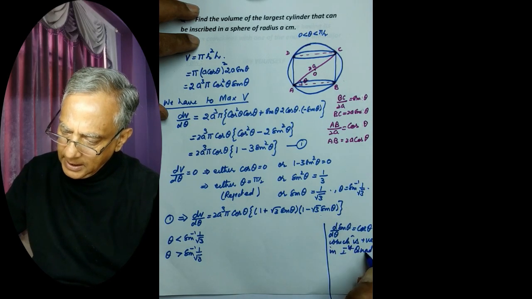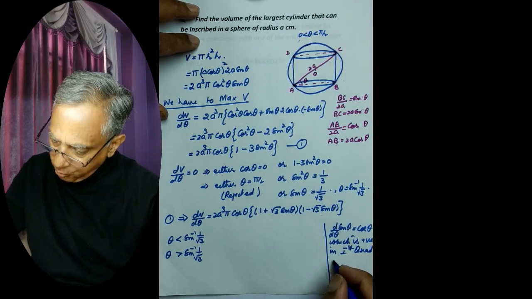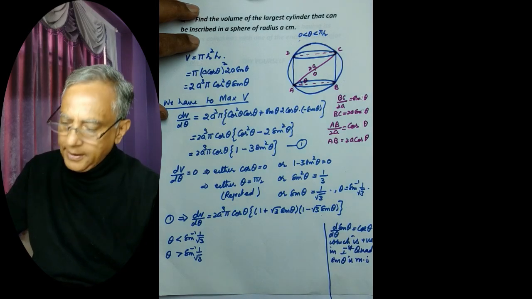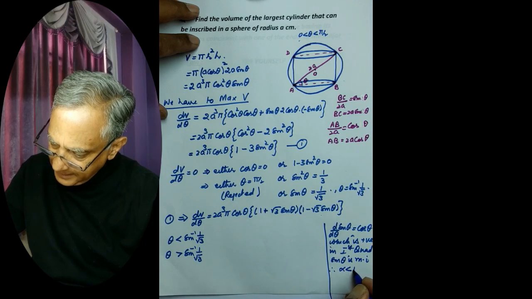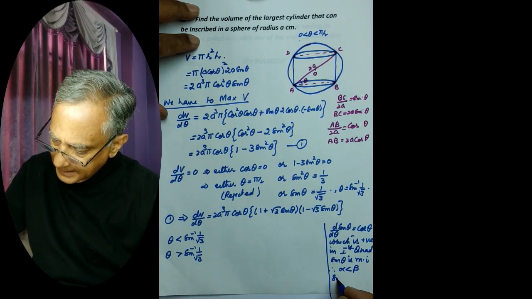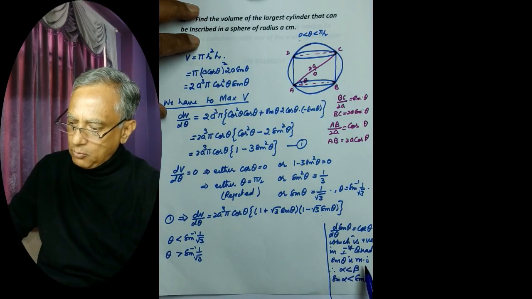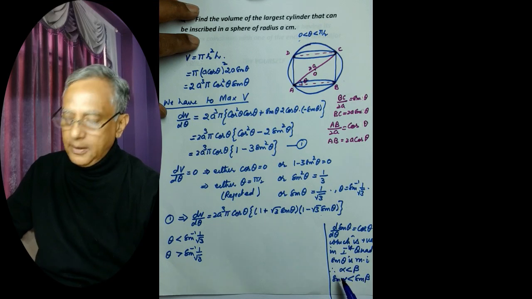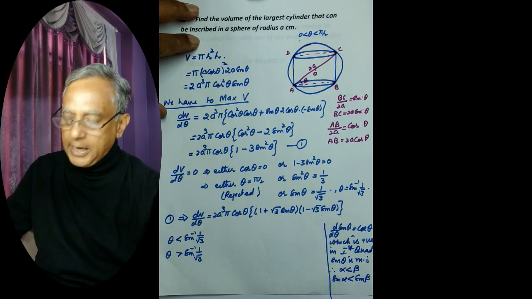That is, when theta lies between 0 and pi by 2, this will be positive. Therefore, sine theta is monotonically increasing. Therefore, alpha less than beta will imply sine alpha is less than sine beta. Because it is monotonically increasing, this trend will be maintained.